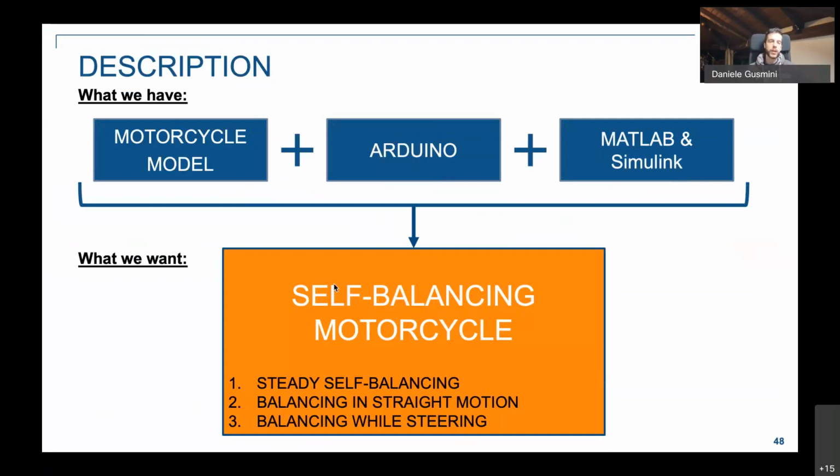The second one is the balancing in straight motion: we can activate the rear drive motor and see if it is able to balance also during a straight motion. And finally, the last and most challenging task, the balancing while steering, because more complexity enters the system under analysis.